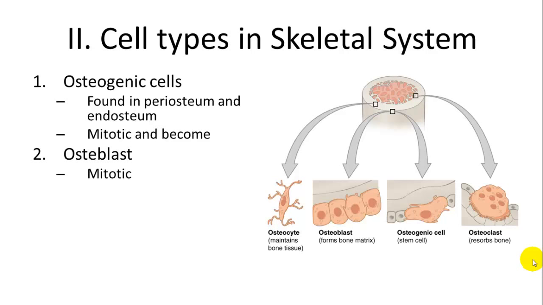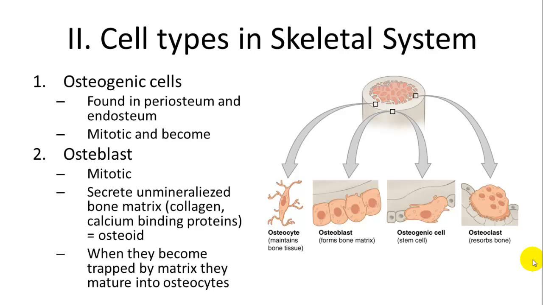The osteoblast is also mitotic, meaning it can divide and make more of itself. The osteoblast also secretes the unmineralized bone matrix, collagen, so it does not have the calcium and phosphorus part of it. Collagen by itself gives the flexibility of bone, but does not form the hardness which is needed through the salts. This is called osteoid, the matrix.